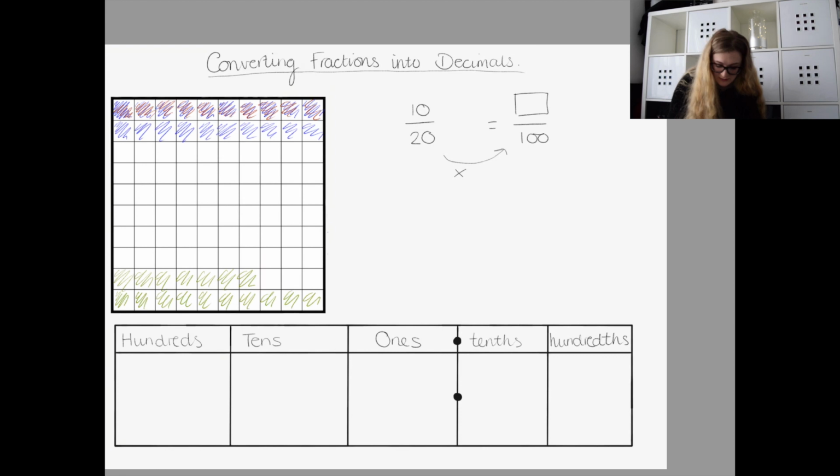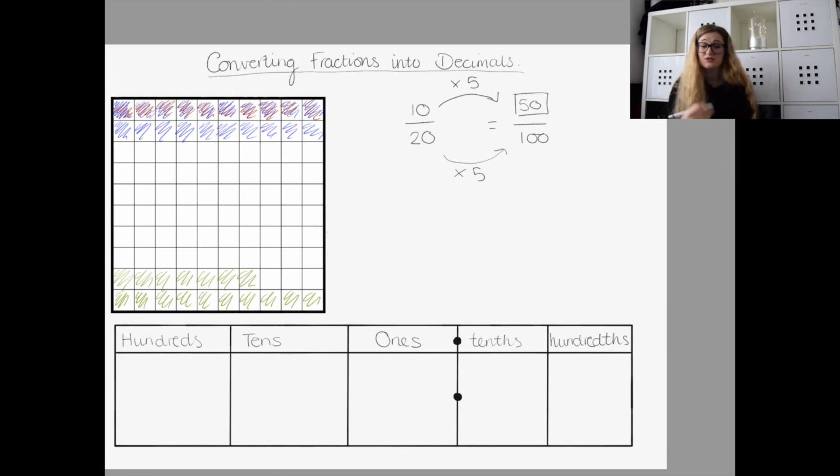So I'm going to put times by 5 on there. Remember, whatever I do to the denominator, I need to do to the numerator and vice versa. So 10 times by 5, I know that gives me 50. So I've got 50 100ths. I need to convert that into a decimal.